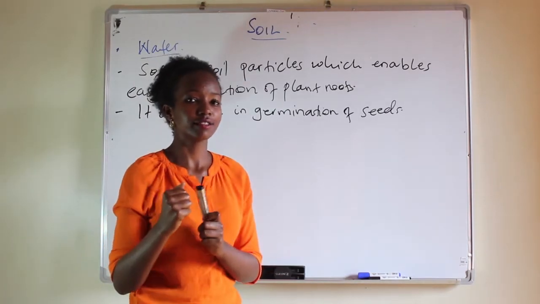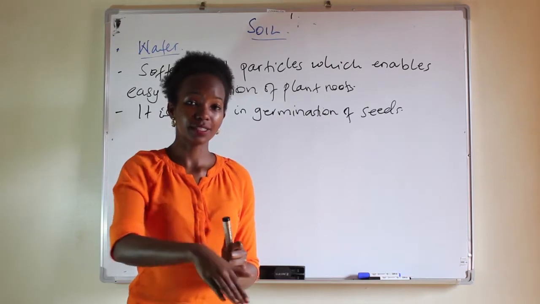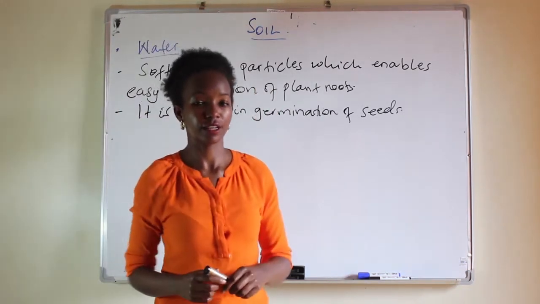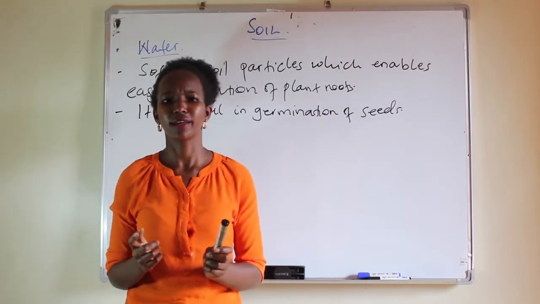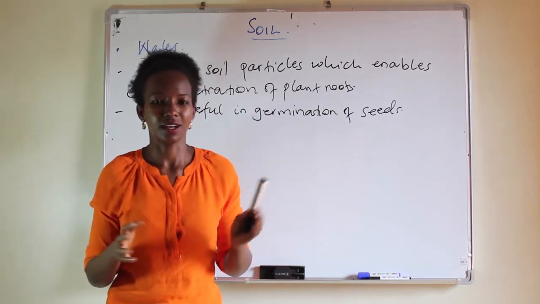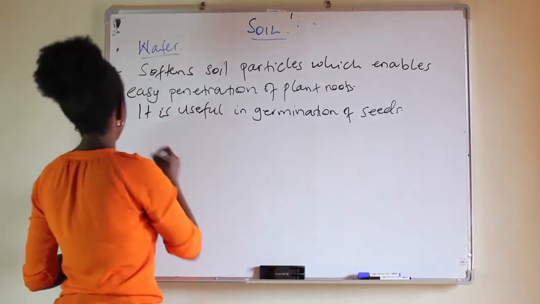They swell and the seed coat softens. That enables the first root to burst out of the seed, anchor itself, and then the leaves can also find their way up. So it's used for the germination of seeds. That's why most of the seeds are planted in seasons that are more likely to have more rains than others.